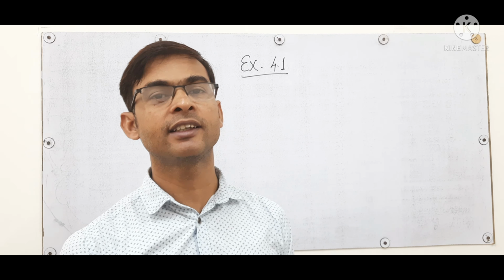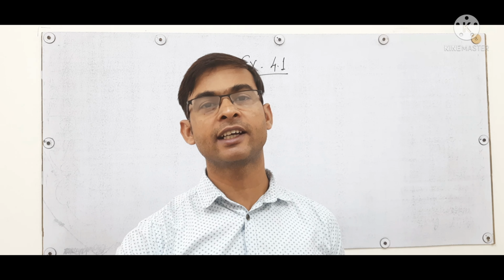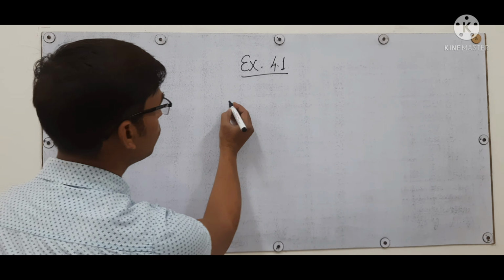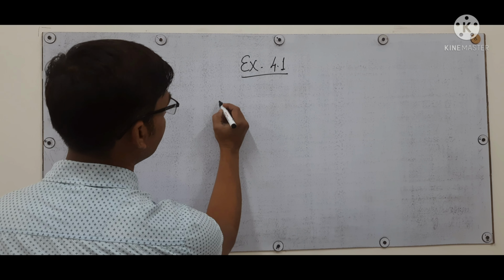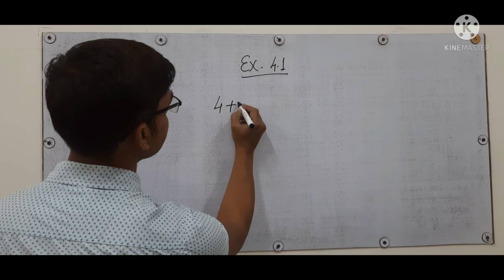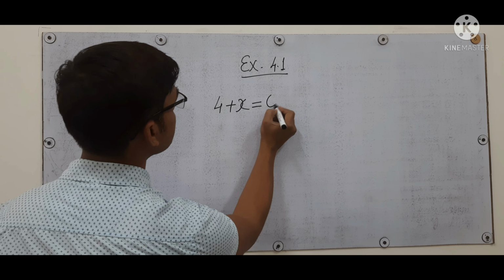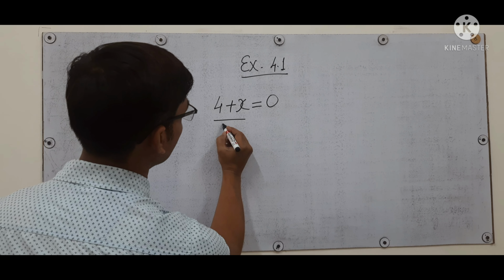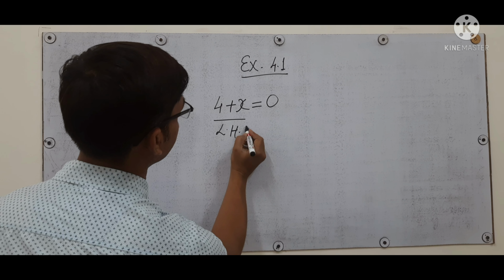In an equation there are two sides: one is the left hand side and the other is the right hand side, just as I am writing here. Please look at the screen. If we write 4 plus x equal to 0, this first side is known as the left hand side. Why?